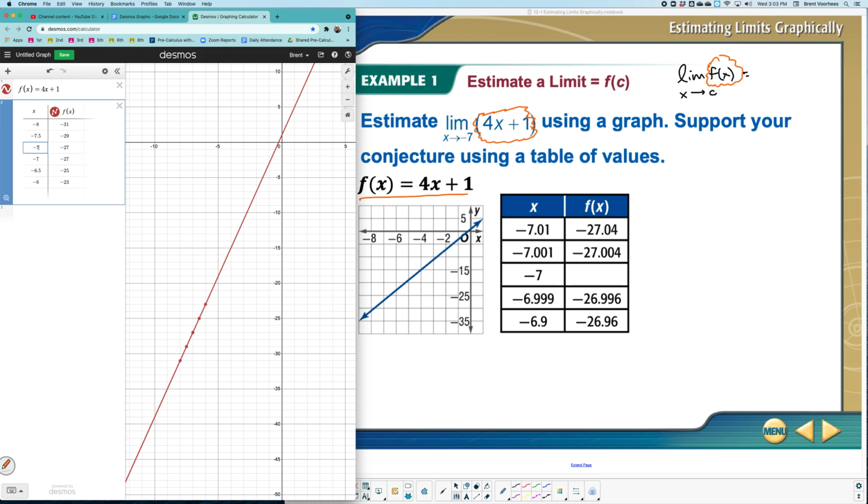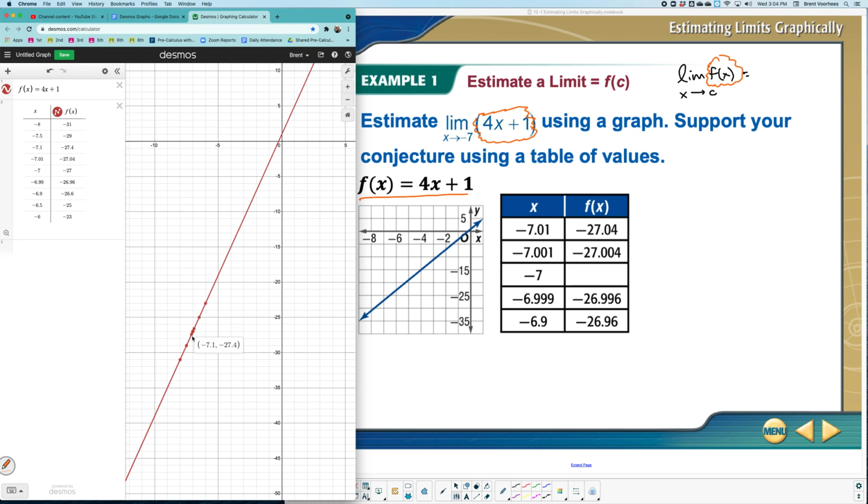So we'll have -7.1, -7.01, and you can get an idea of what I'm doing here. -6.99 and -6.9. So as the graph closes in closer and closer, we get finally to the value of, well, where is it? I don't know where -7 went.